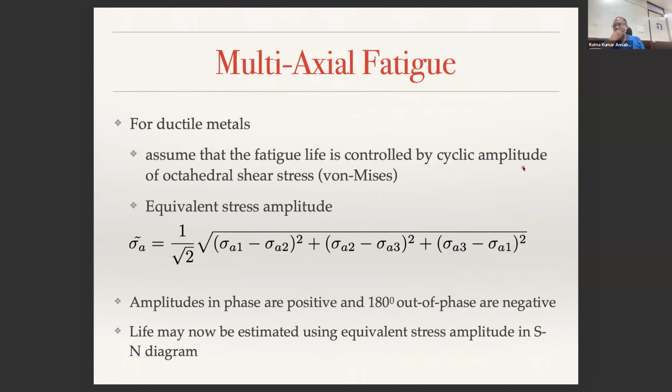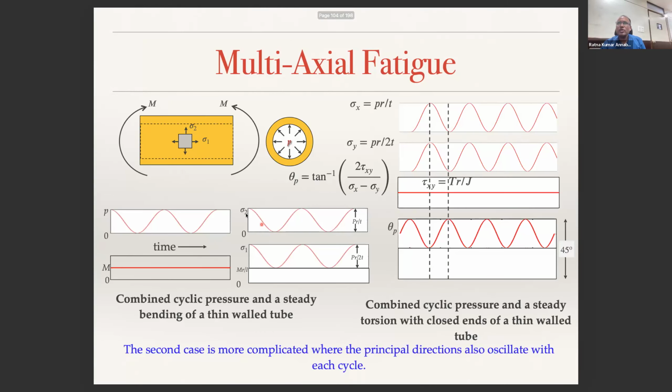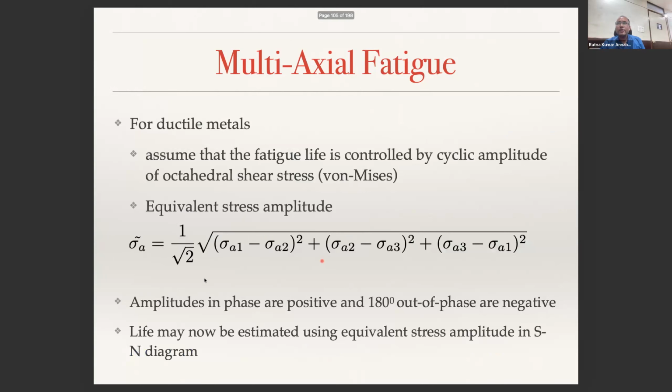So for ductile materials, how do we go about doing it? What you do is, in each of these scenarios, you can calculate what is the alternating stress and what is the mean stress. In each direction, you calculate the alternating stress and mean stress: sigma A1, sigma A2, sigma A3.